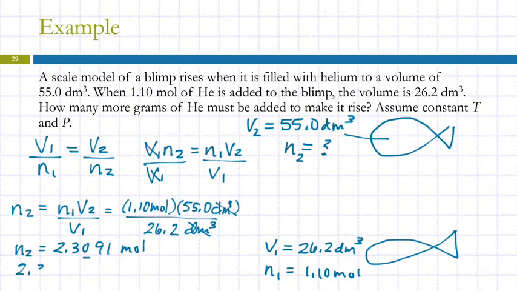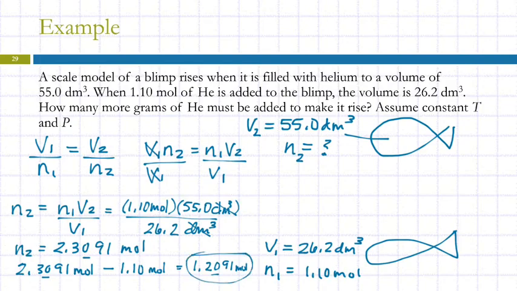So we take the 2.3091 moles, subtract how much was in there to start with. So that's going to be 1.2091 moles. So this is moles that we need to add. It's not our final answer yet, but it's getting there.